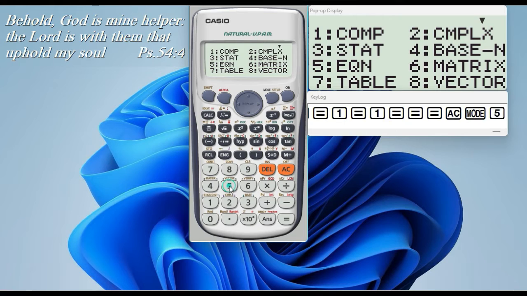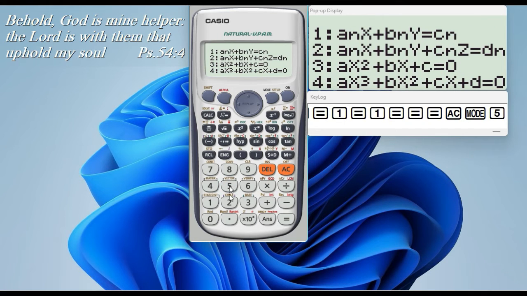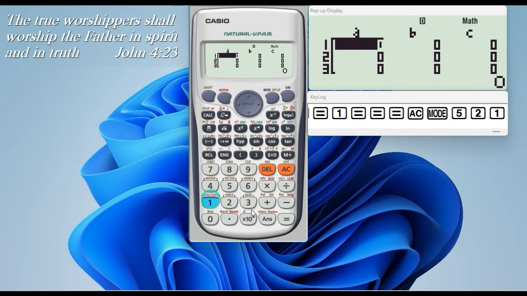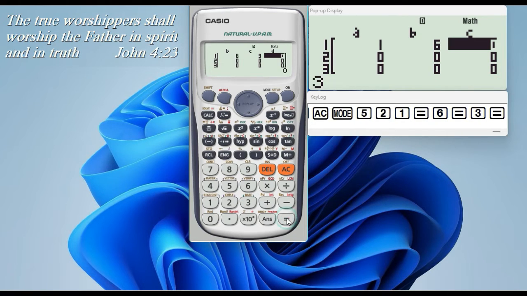Now the next one is option 2, when you go to the equation mode, and that one is the simultaneous equation involving 3 variables. In the same way, you key in the information, hit the equal sign, and you get the values of x, y, and z.